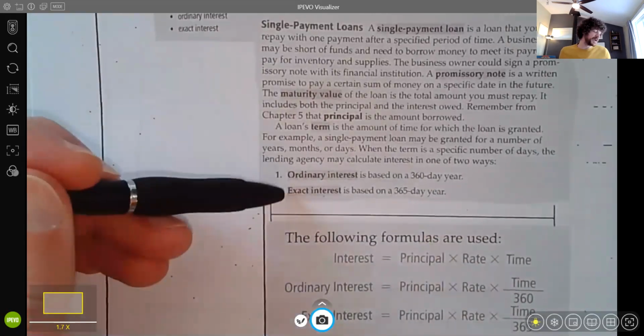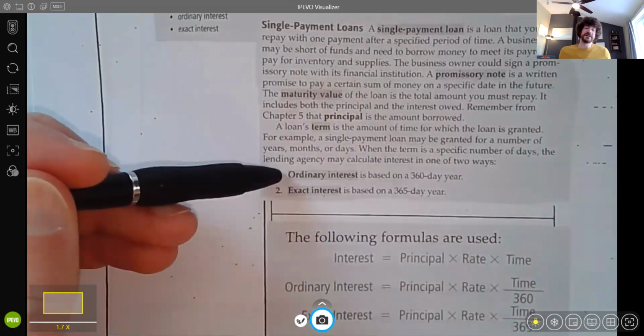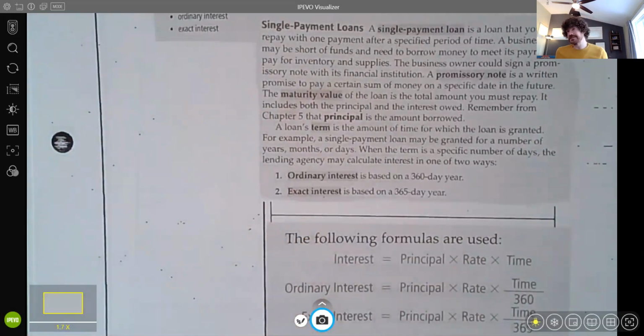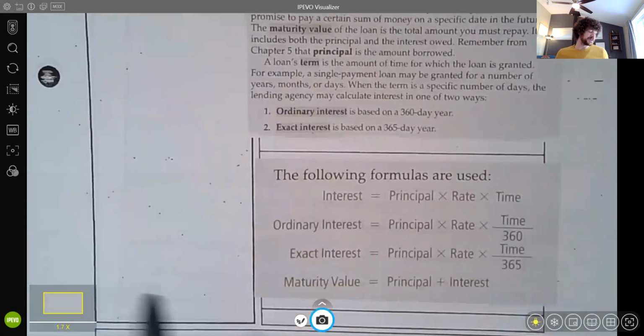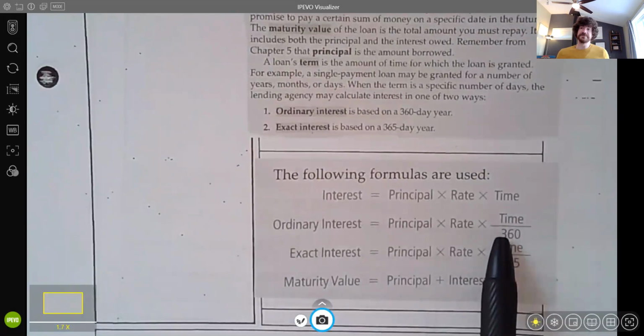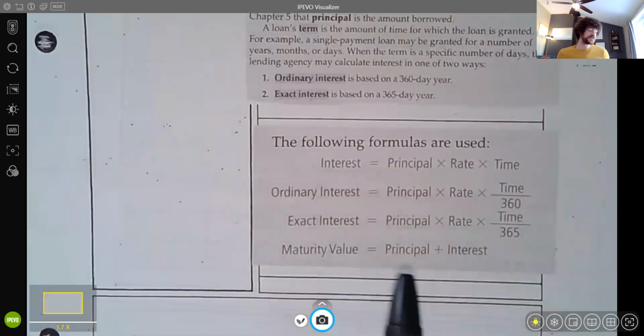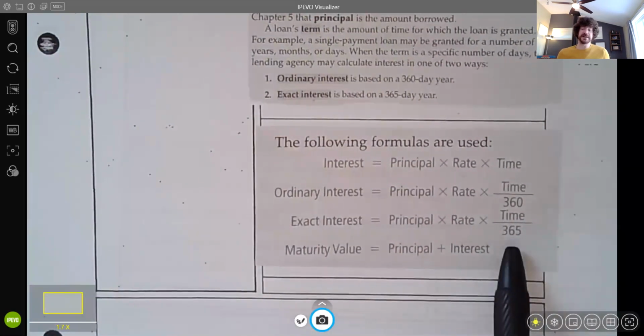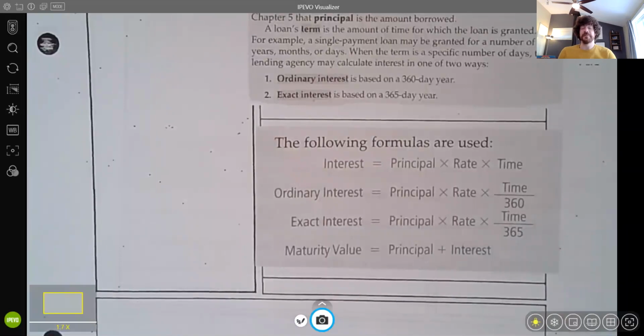So there's two different ways of calculating interest here, depending on how the institution calculates it. So if it says that it's a certain amount of day loan using ordinary interest, you would end up using the ordinary interest formula, which divides by 360, as opposed to the exact interest formula, which divides by 365. And it'll tell you in the problem which one to use, ordinary or exact.